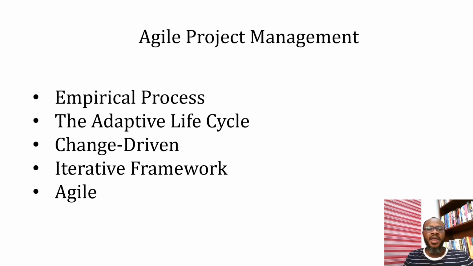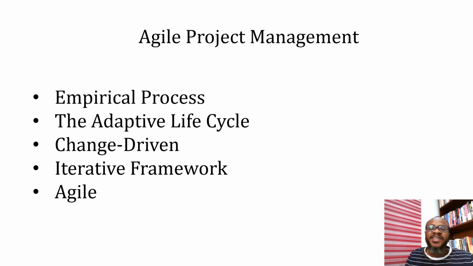Now, with this follows another attribute. Agile projects are known as change-driven. Even as waterfall projects are plan-driven, driven by the plans you create, for Agile projects the procedures are driven by the changes that happen in the project environment. It is also known as the iterative framework. I think I've shown you that in the previous video.